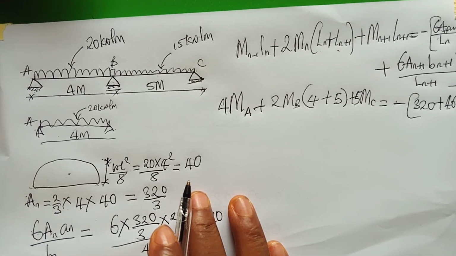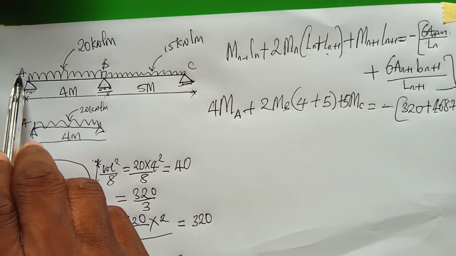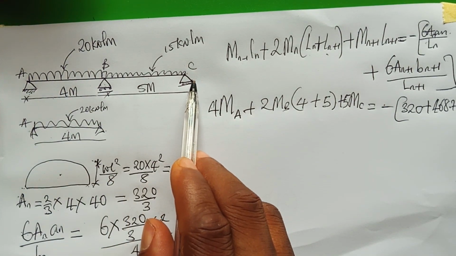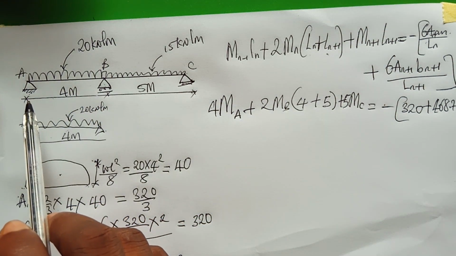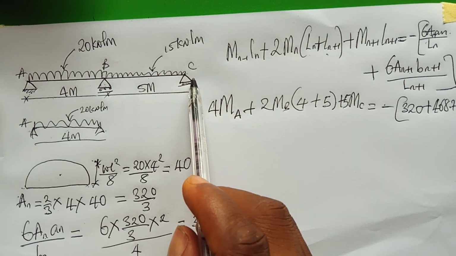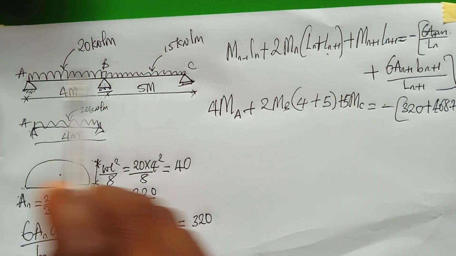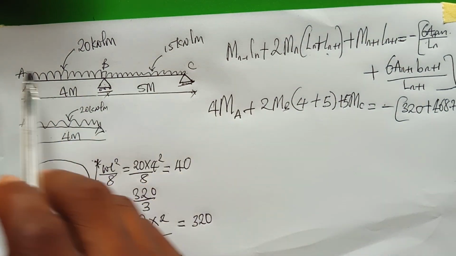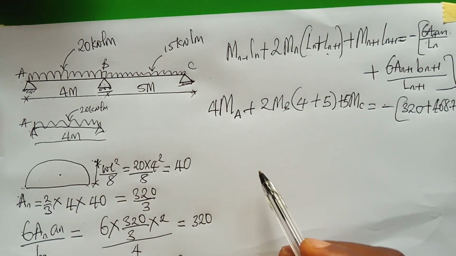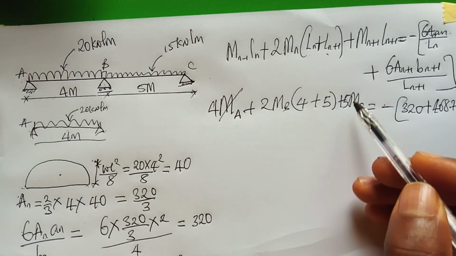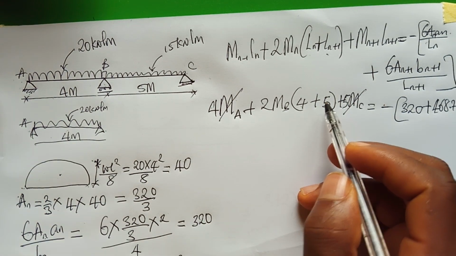Now, this is simply supported, and since it is simply supported, there will be no moment at point A and point C, unless the support is appearing in the middle. But for all these ones that are outside, the moments at A and C are equal to 0. Therefore, our MA is 0 and our MC is 0. You are left with 4 plus 5, which is 9.